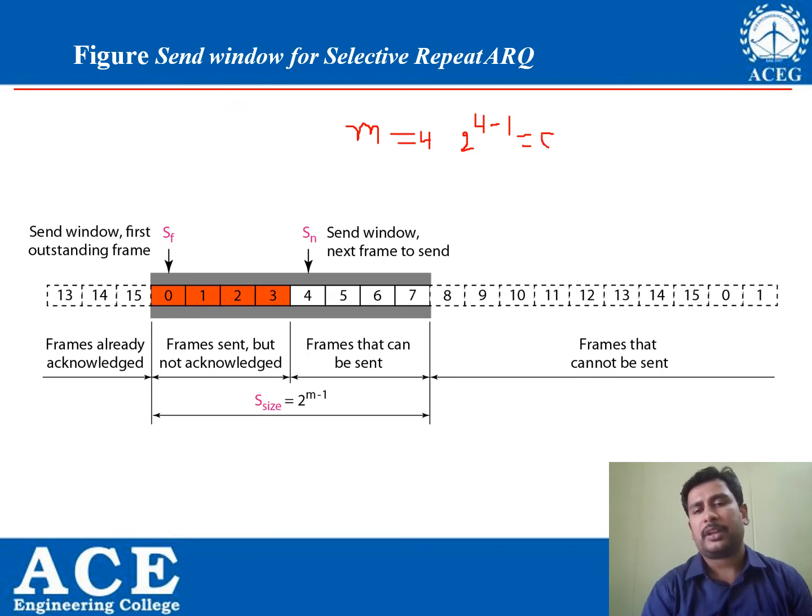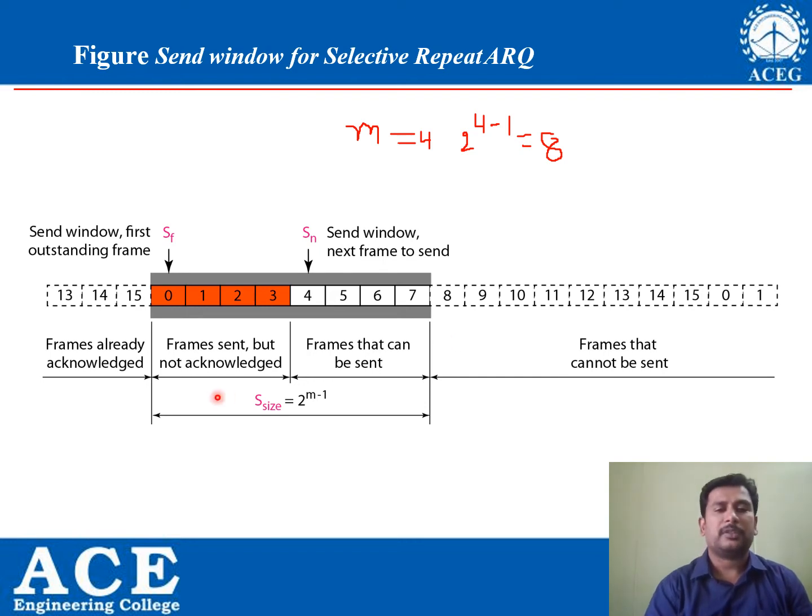As discussed in the previous protocols, we have 4 types of blocks in the sender window: frames already acknowledged, frames sent but yet to receive their acknowledgement, frames that can be sent next, and frames that cannot be sent until the previous frames are cleared.